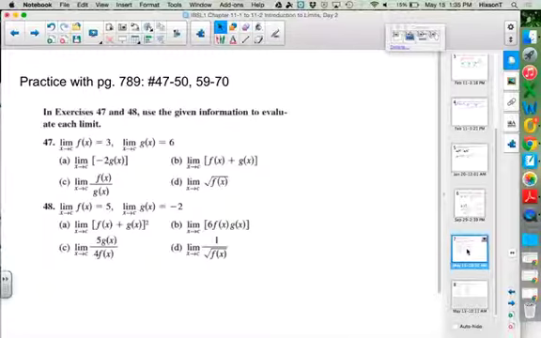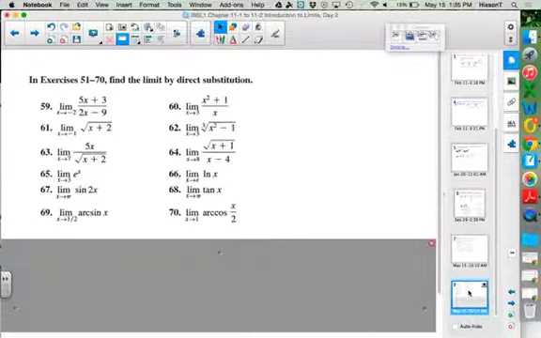Then there are a couple others here. You're finding the limit by direct substitution, but in some different contexts. So just some practice with those.